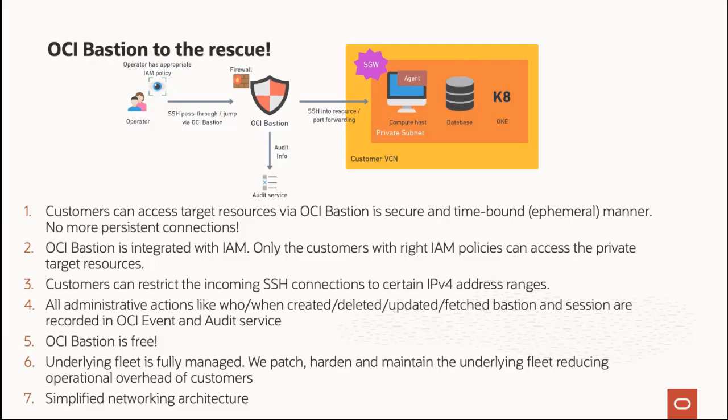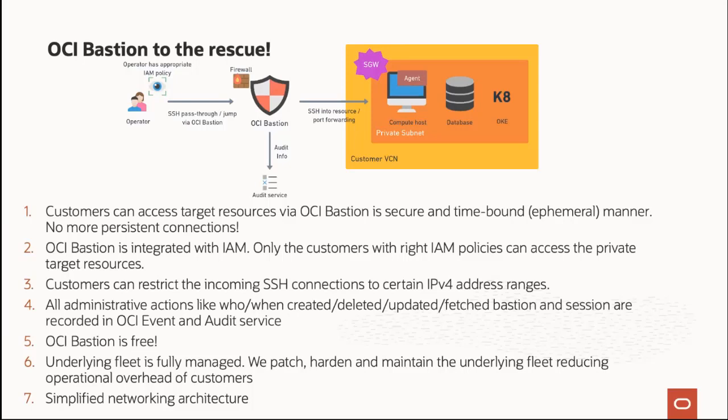You can also figure out who and when created, deleted, updated, or even fetched the details of a Bastion and session, because all of those administrative actions are recorded in the OCI event and audit service. The service itself is free, and that also helps the customer in saving a lot of cost.